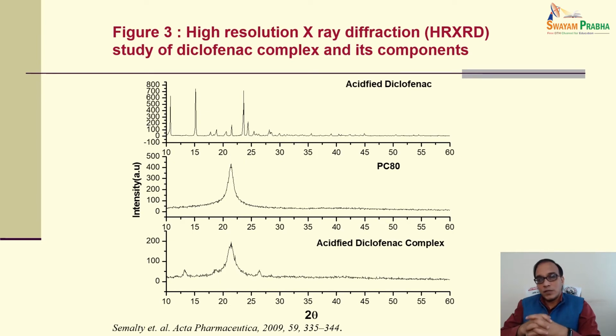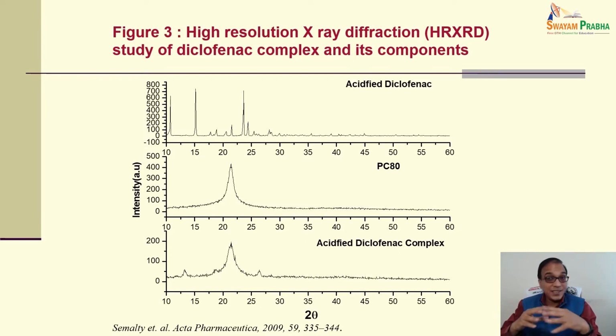In which you can see diclofenac, and PC80, and the lowest one, the third one, is the complex XRPD, the high resolution X-ray diffraction we obtained. The sharp crystalline peaks of the drug were not present in the diffractogram of the complex, as you can see there.